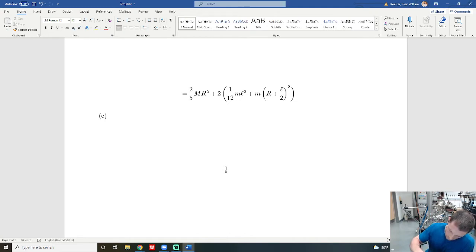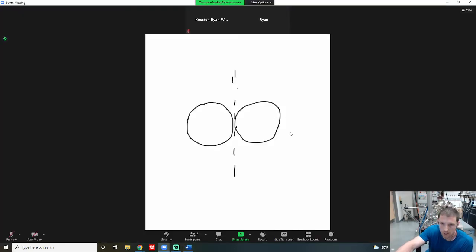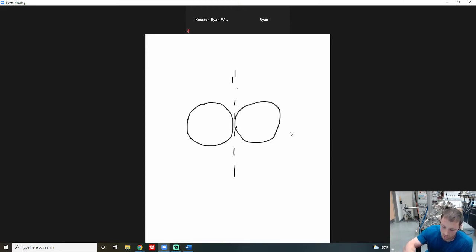Okay, it's a little better. So a very crappy sketch of this could look like this, right? Our axis of rotation is given by the dotted line, and then we have two spheres. They're only touching at one point. It doesn't look like they're touching at all in my sketch, but that's because, again, I'm drawing with my finger.